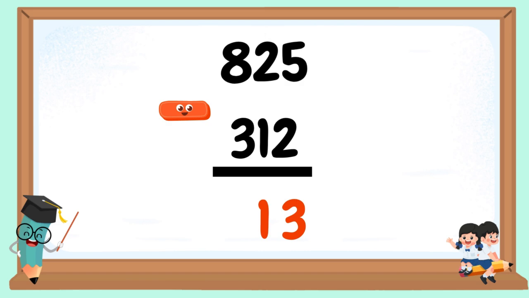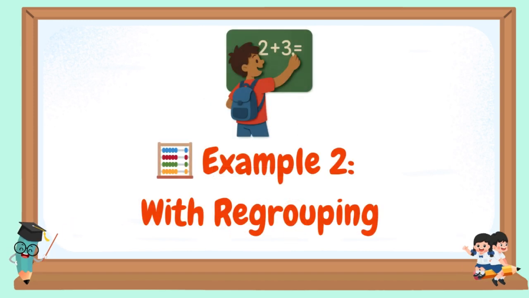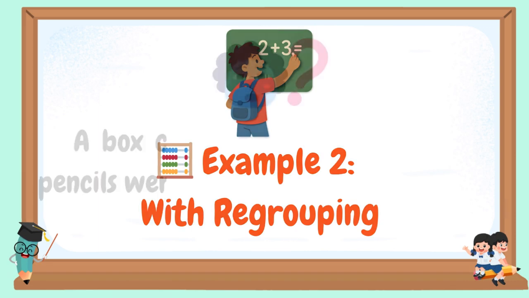And 8 minus 3 is equal to 5. 513 is our difference.